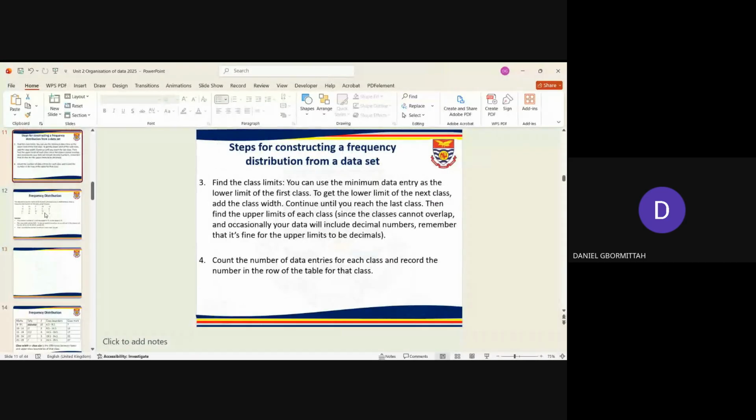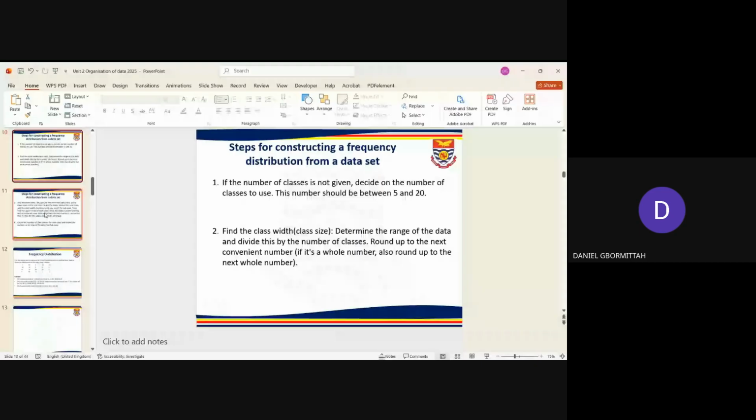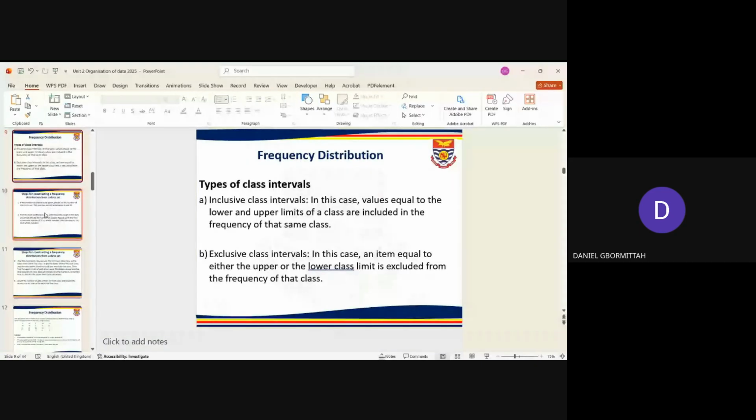In exclusive class intervals, items equal to either the upper or the lower class limit are excluded from the frequency of that class. So to get the numbers that belong to that class, you exclude those equal to the upper limit and the lower limit of the class.